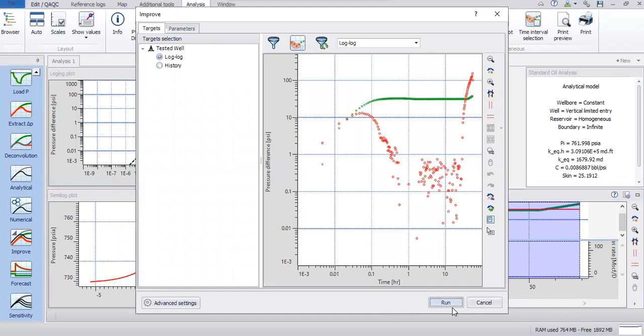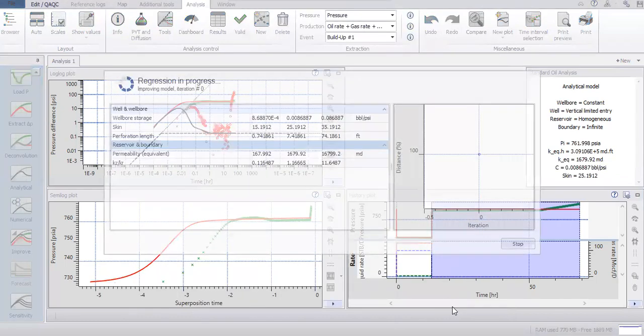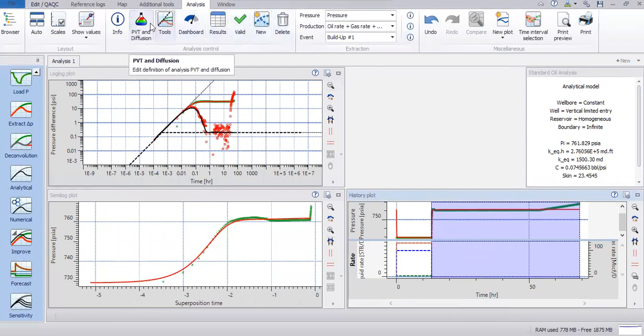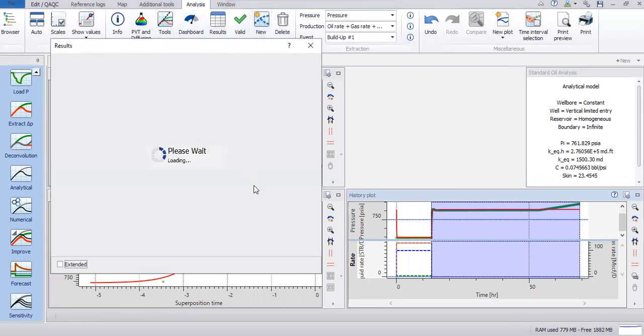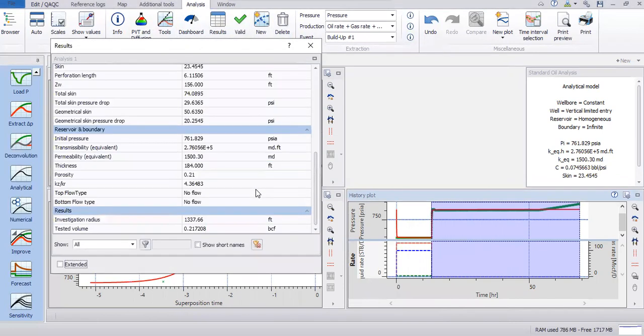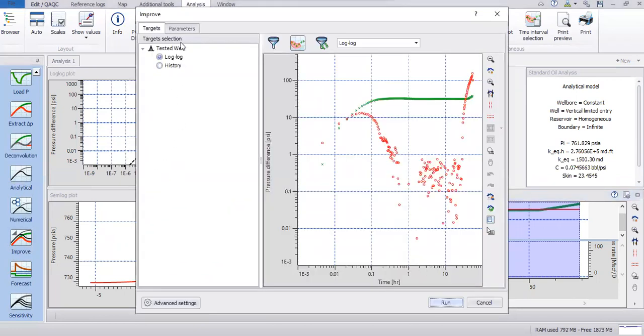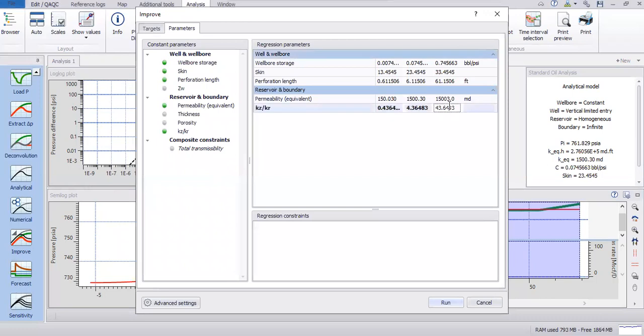Let's follow the log results. Improve parameters KZKR. I'm going to maximum 0.5 again. 0.5, 0.3. Okay.